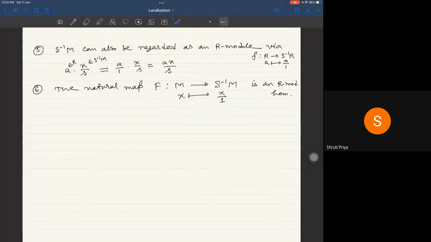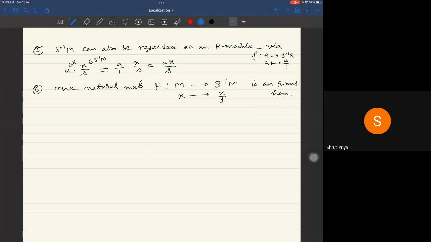Now I think that is enough terminology and notation. So now let's see some applications of localization. Before that, I should record this proposition.